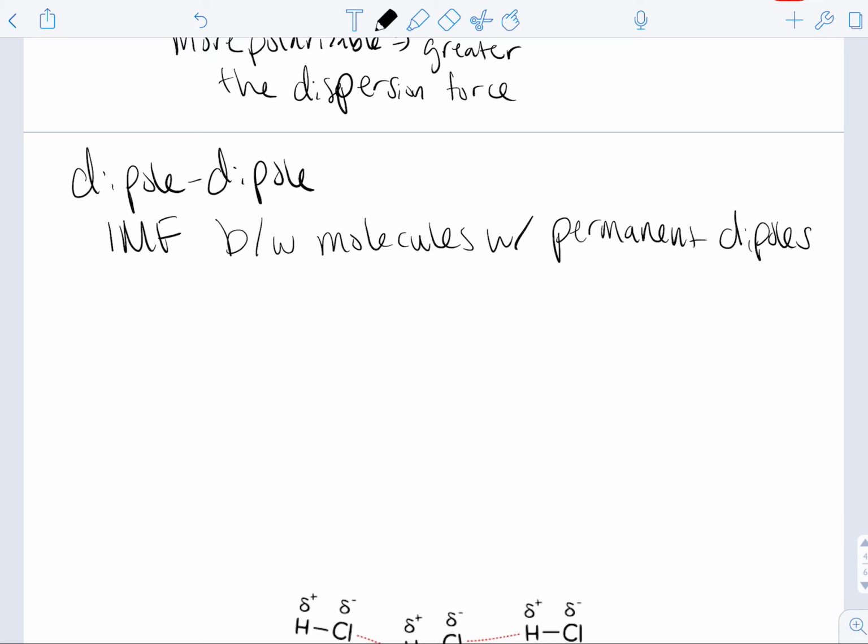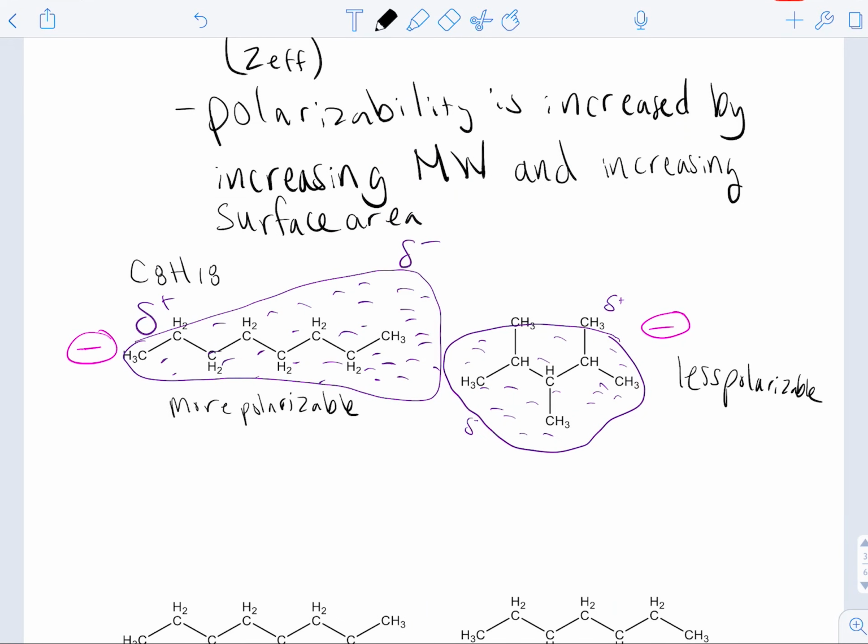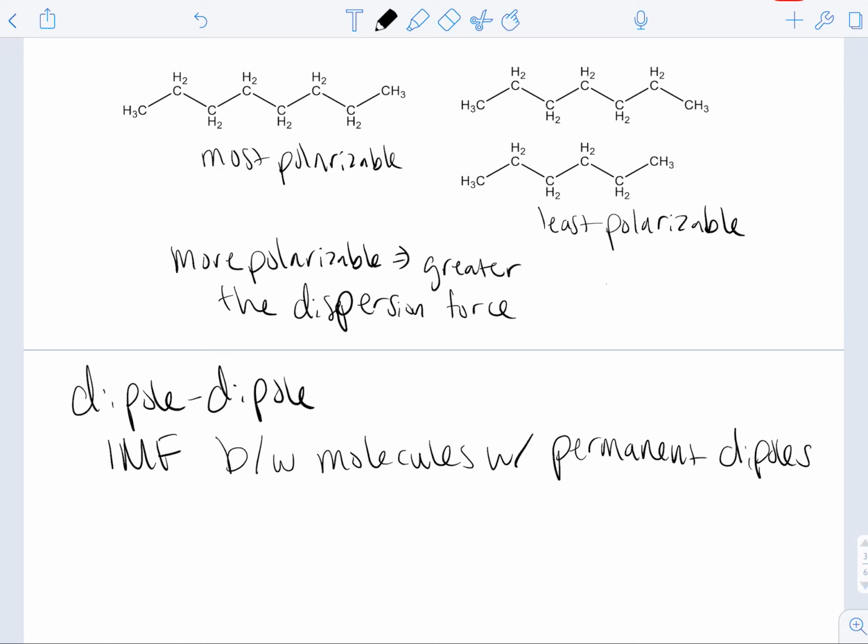Okay, real quick, our dispersion forces are a weak force. So dispersion force is going to be somewhere between 0.1 and 30 kilojoules per mole in energy, right?